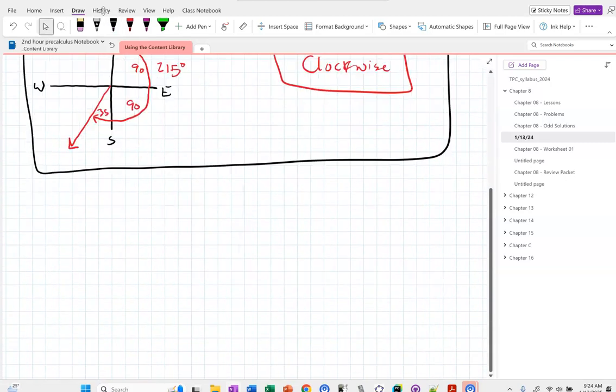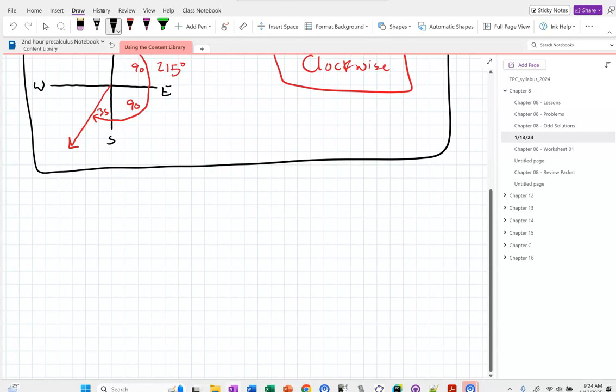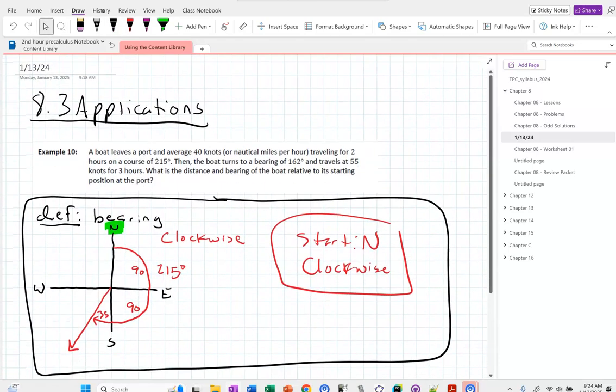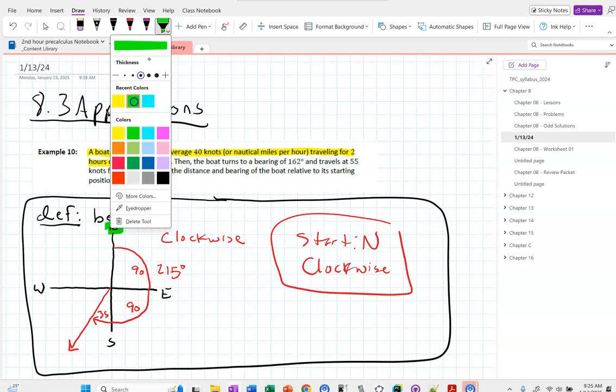All right. To do this problem, I'm going to start by looking at my two parts. I have a boat at a speed, a time, and a bearing.